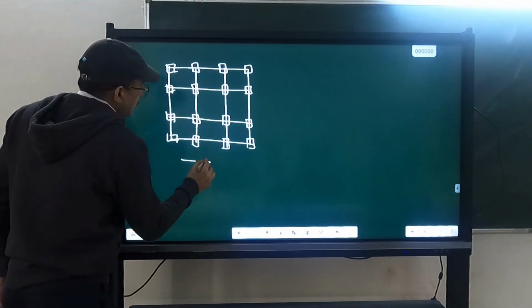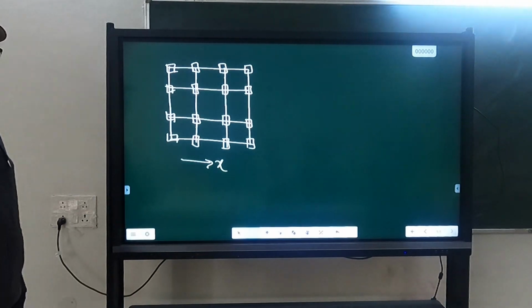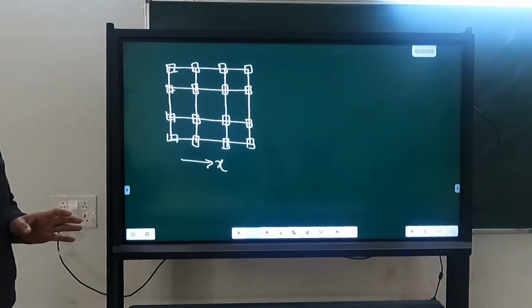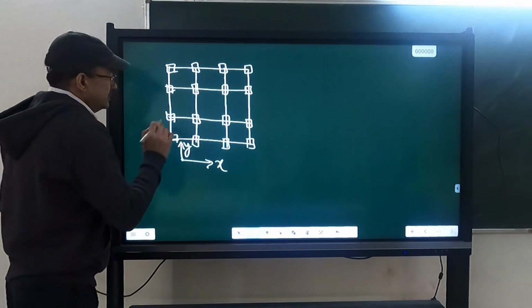This building is subjected to earthquake force in x direction. But in reality, will it be subjected to only x direction? No. It will be subjected to x direction as well as y direction.